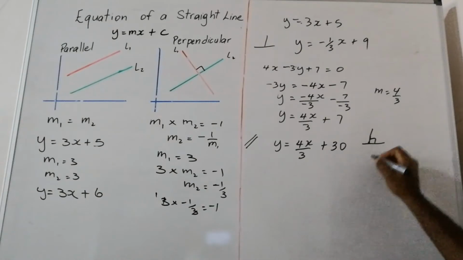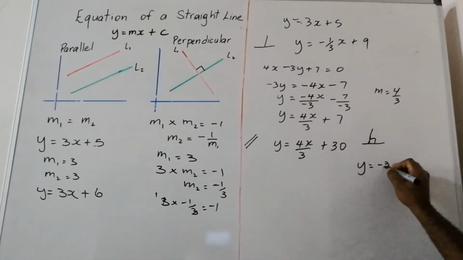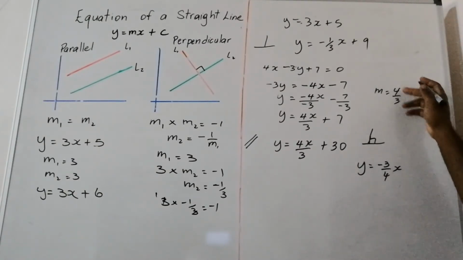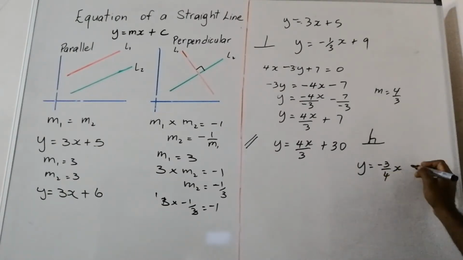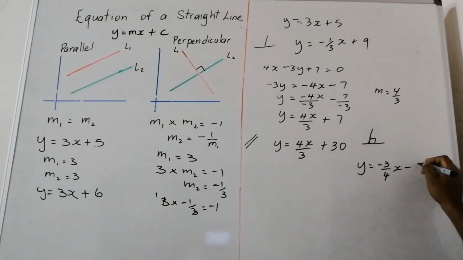So a line perpendicular will be y is equal to minus 3 over 4x, right? Upturn, we change the sign, take some other c value, take 8, right?